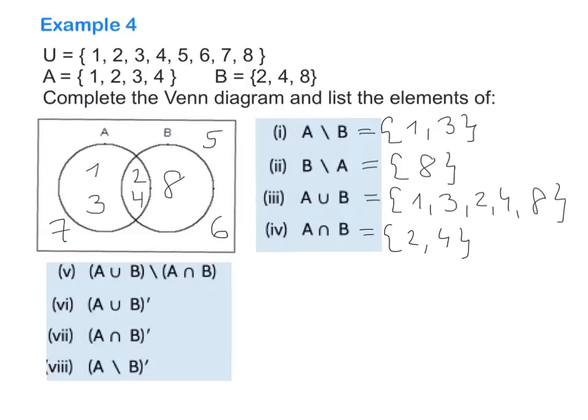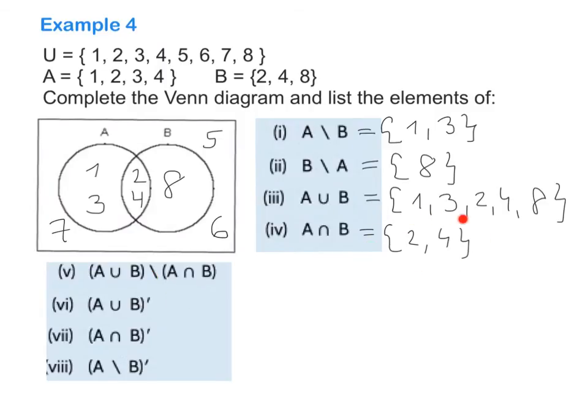Now, number 5. And the first part, we need to break it down. It's much easier. So the first part is A union B, and we can use the previous sets. So we have union and then minus intersection.